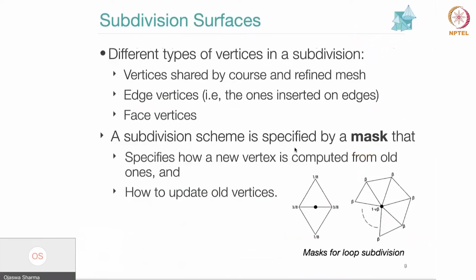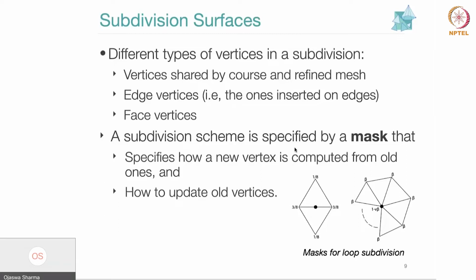So there are different types of vertices in a subdivision. You would notice that there are vertices shared by coarse and refined mesh. There is a spelling mistake here, C-O-A-R-S-E. I'll fix that. Then there are edge vertices, that is the ones that you inserted on the edge. And then there are face vertices, which I just explained to you.